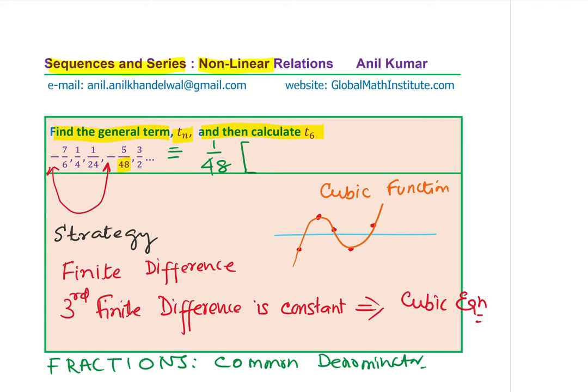And then we could write the series as minus... Now, 6 times 8 is 48, so 7 times 8 is 56. And 4 goes 12 times, so that is plus 12. 24 goes 2 times, so that is 2, and this minus 5. And then 2 is 24 times 3, which is 72.